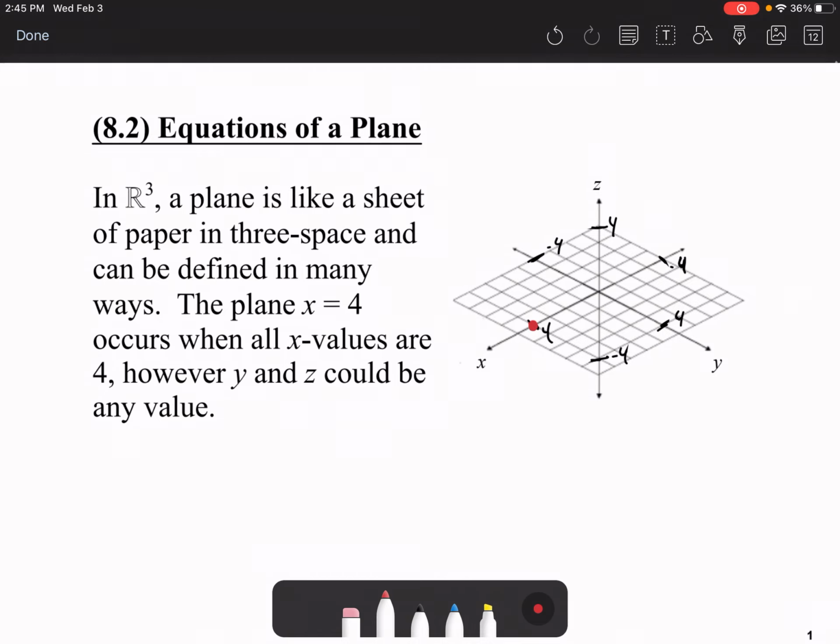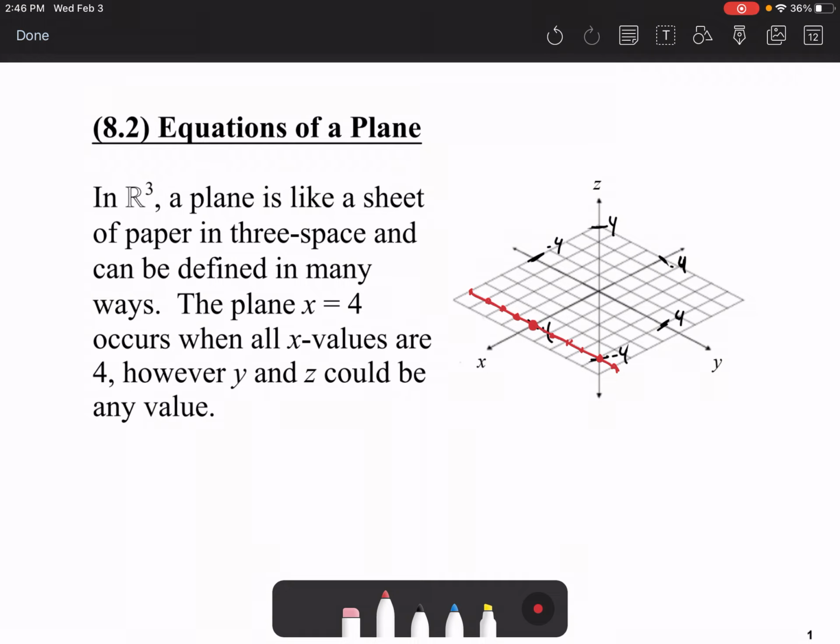So some points that are on there could be anywhere along this line here. These have various different y values, but they have the same x values. But also they can have every kind of z value. So let me draw this line first.